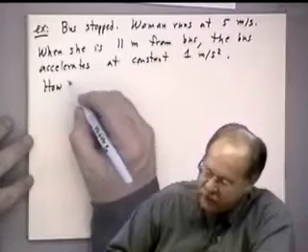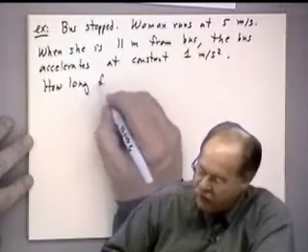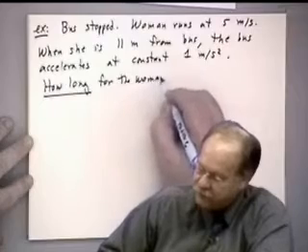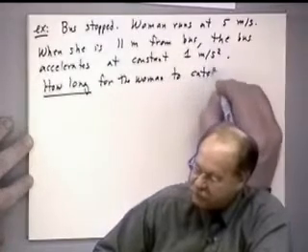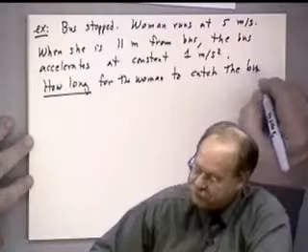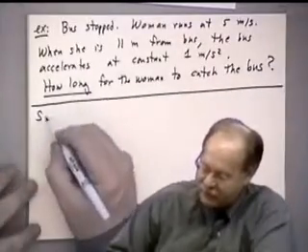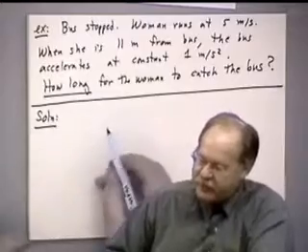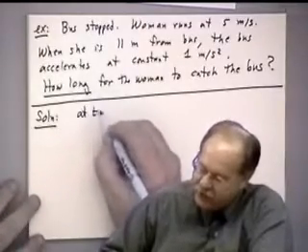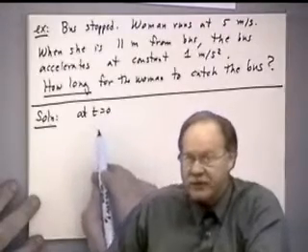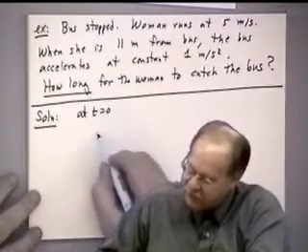The question then is, how long is it for the woman to catch the bus? Now this will turn out to have an interesting answer. So here's the situation. At time t equals 0, when this whole problem starts, which is when the bus starts up to leave, we have this situation.